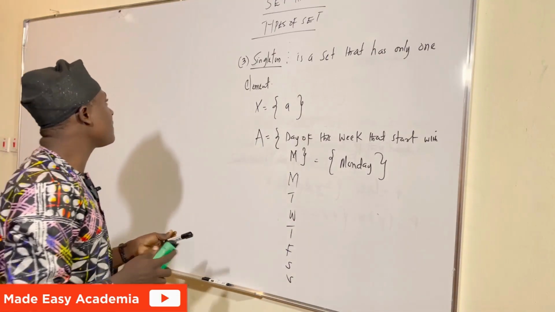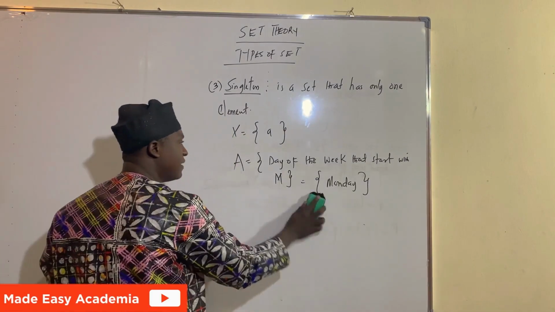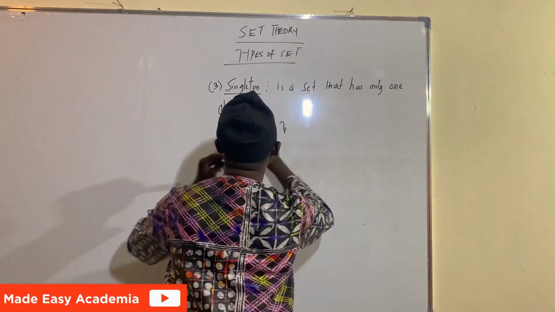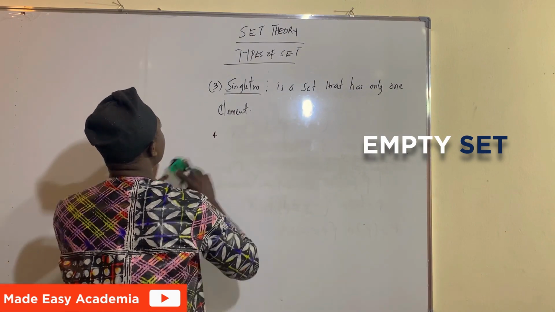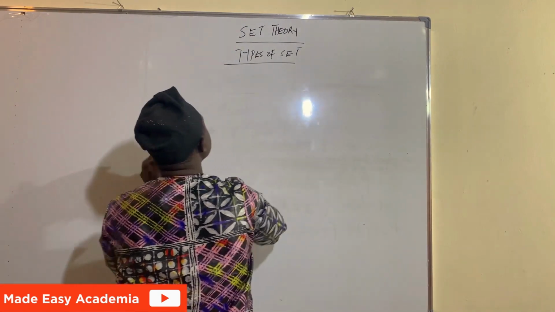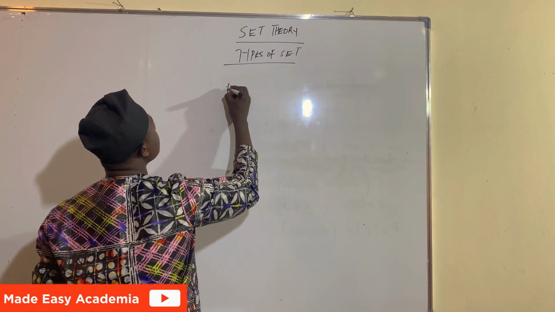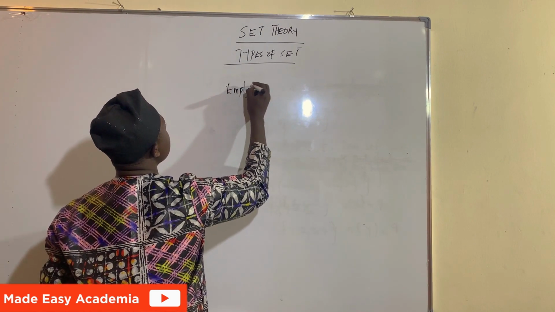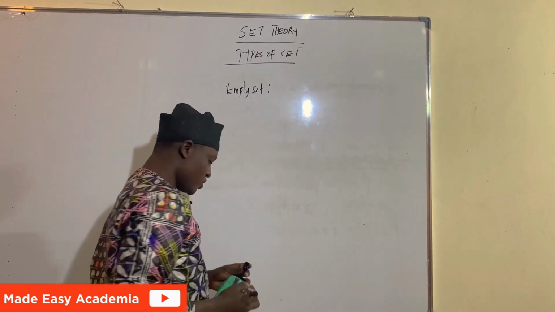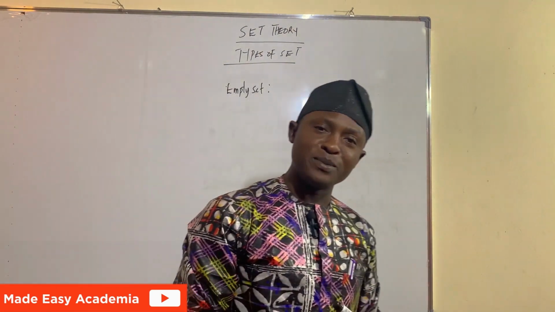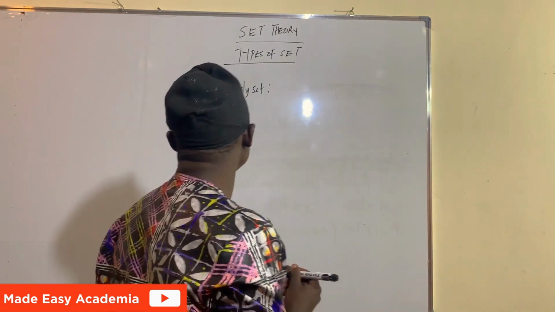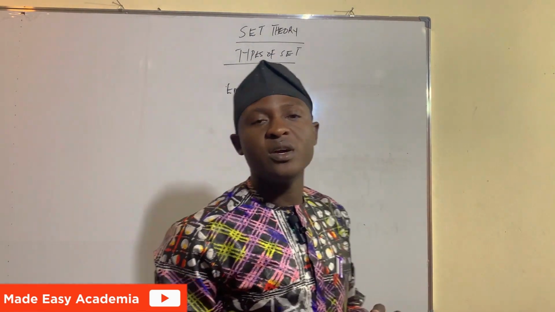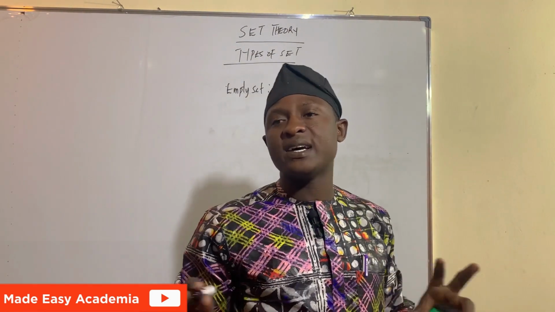Now, apart from Singleton set, we still have another set. We call it the empty set. When they say the word empty, when it has nothing, that's what they mean by empty set. A set is said to be empty when it has no element.